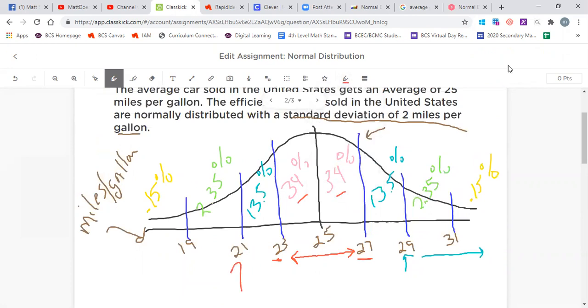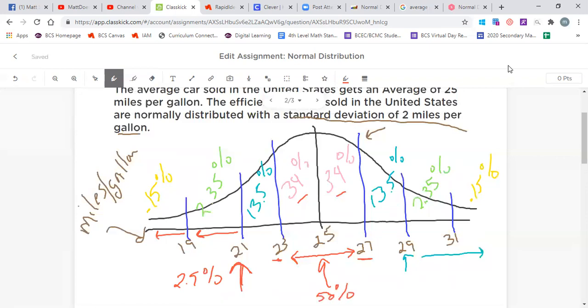If I looked at the value of 21, I know that 21 is greater than 2.5% of the vehicles. And that's because 21 is greater than 19 and anything below 19. So I'm going to work my way up until I find 84%. Well, we know at 25, this is the mean, and since the data is symmetrical, it cuts the data in half. This is our 50% line.